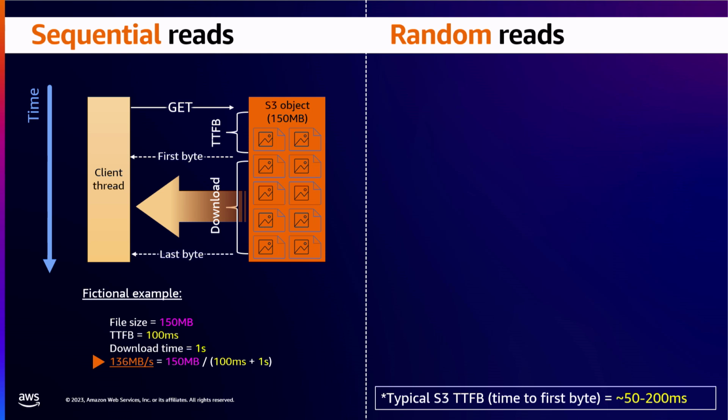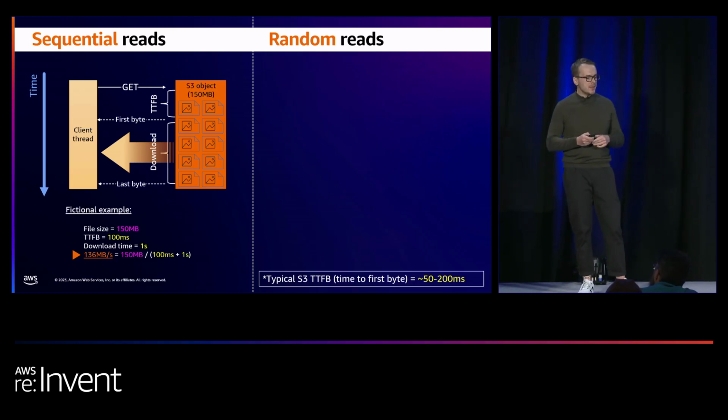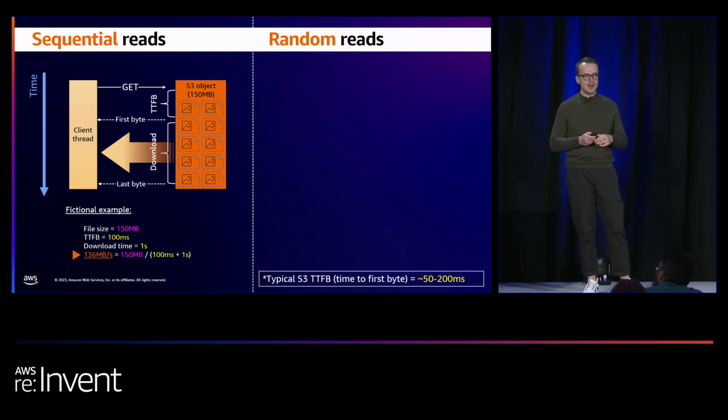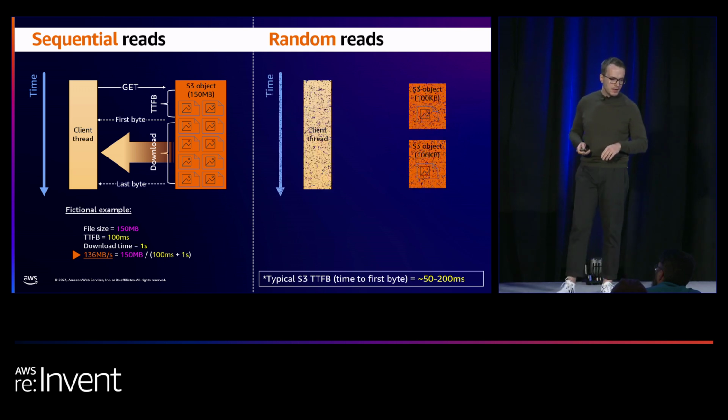If we assume that our time to first byte latency is approximately 100 milliseconds, we arrive at the conclusion that we have an effective throughput, in this case, of about 140 megabytes a second. And of course, I must add here, this is a fictional scenario where you have only a single client thread. Amazon S3 on the server side can scale naturally to much larger numbers.